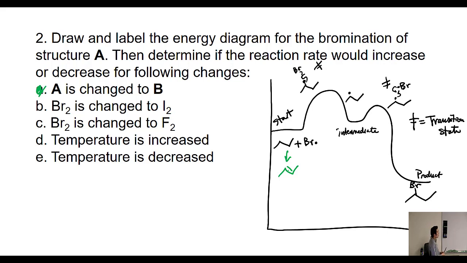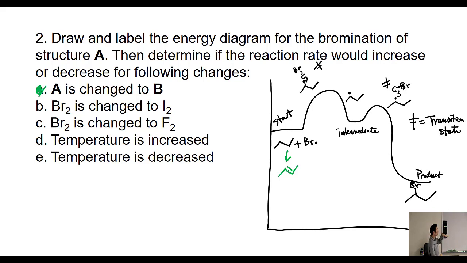However, am I making a more stable or less stable intermediate? Does the double bond make it more or less stable? More stable. So I'm going from less stable to more stable.